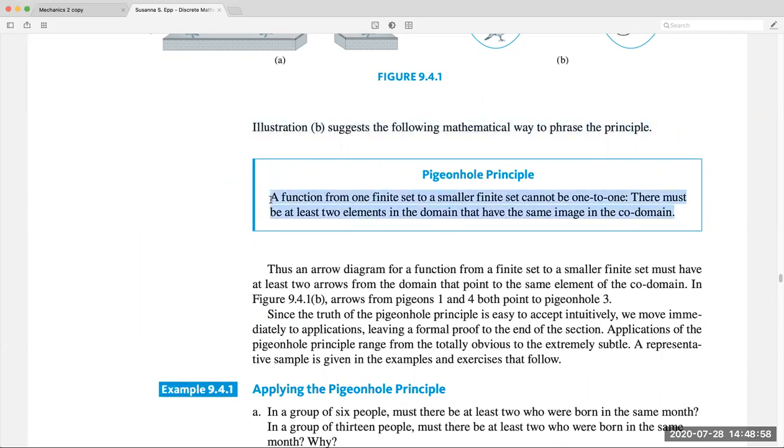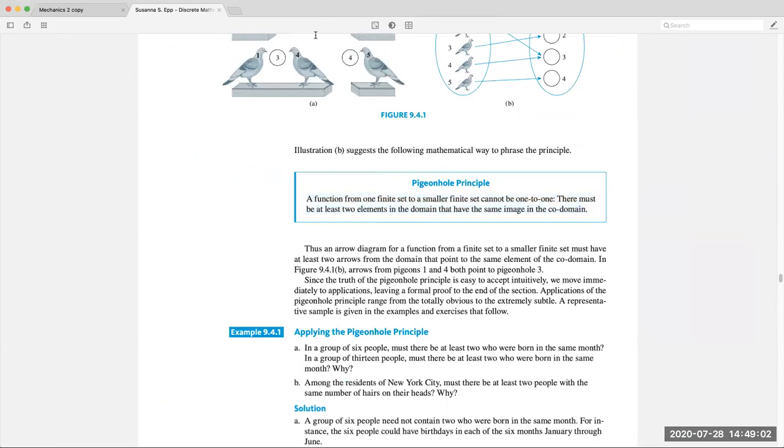I think it's not easy to understand this statement, so let me turn it into a simpler one. Let's say there are n elements put into m bags where n is greater than m.